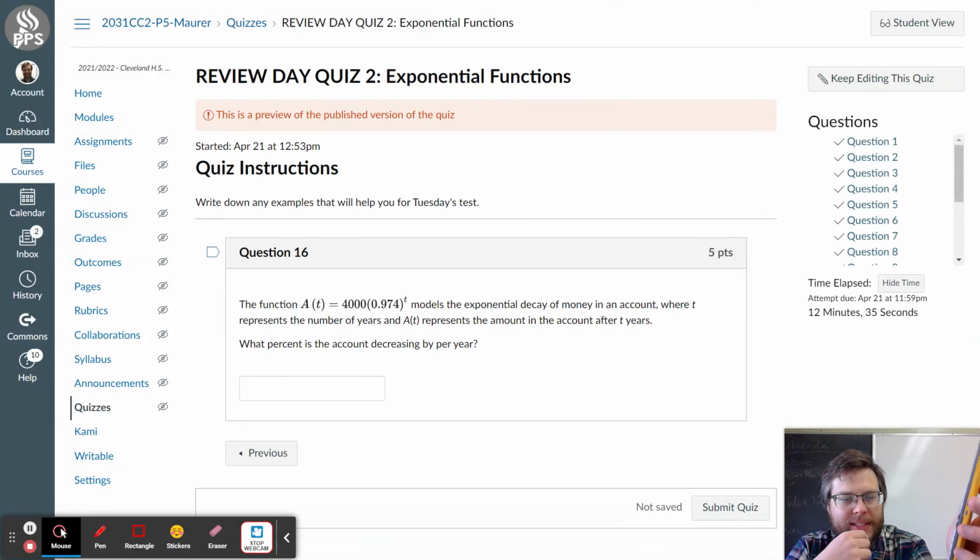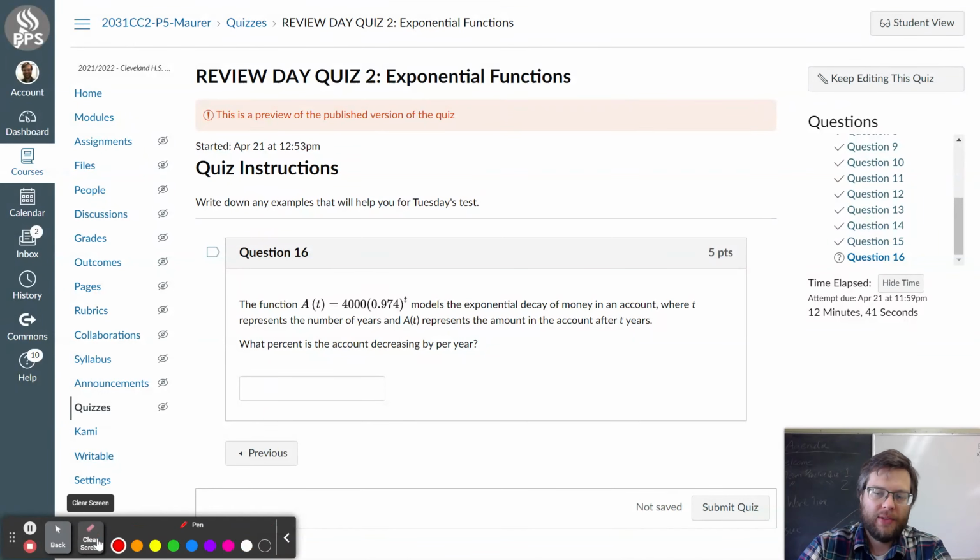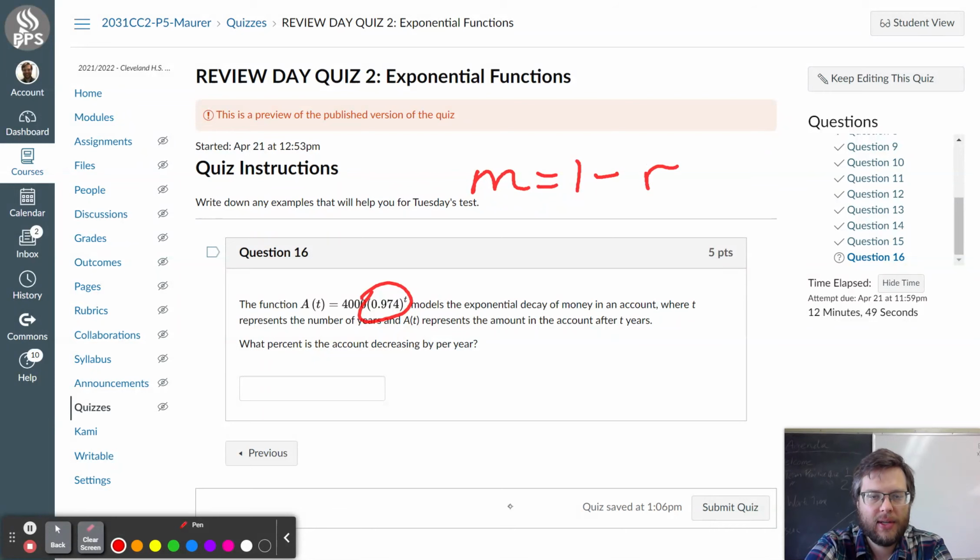And I believe this is the last one here. So like we've talked about several times now, if something is decreasing, it's less than 1. And so we know that your m is 1 minus the percent rate. So our 0.974 is 1 minus r.